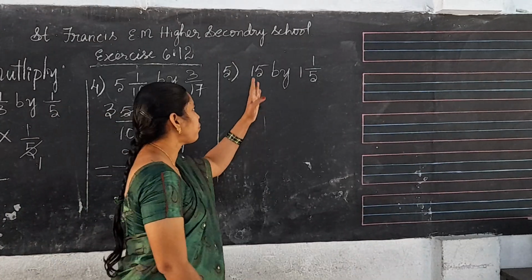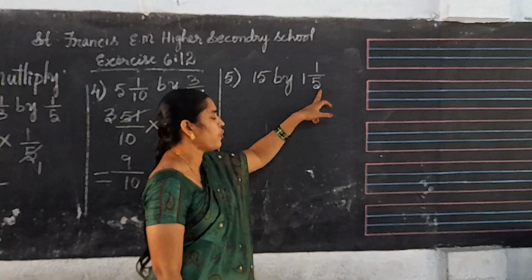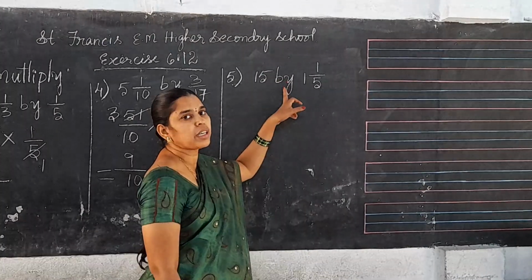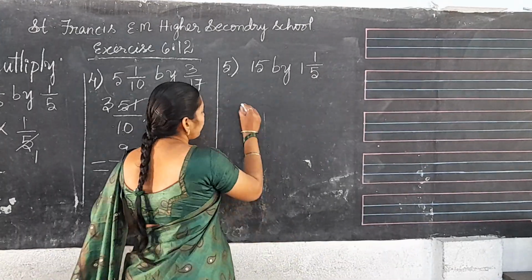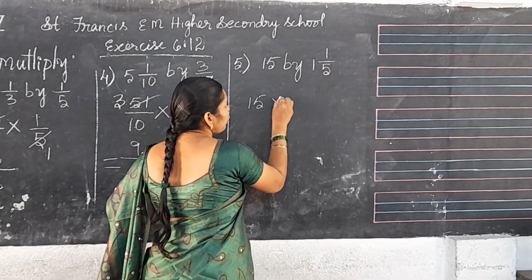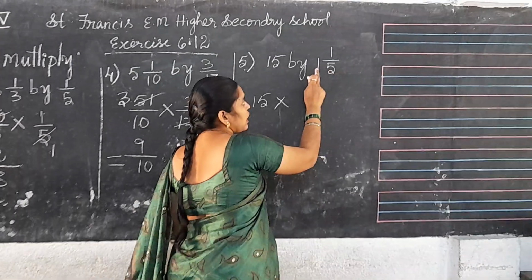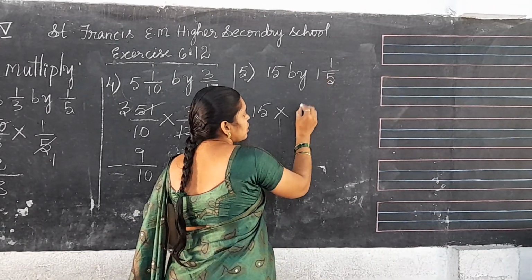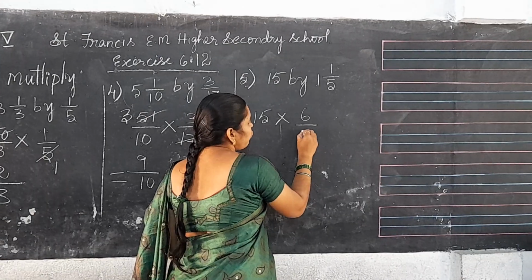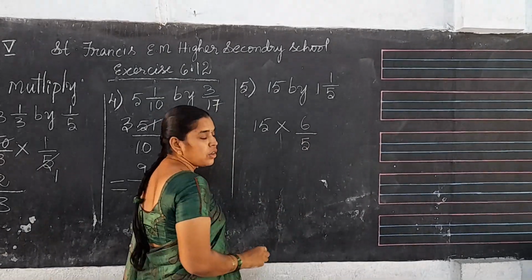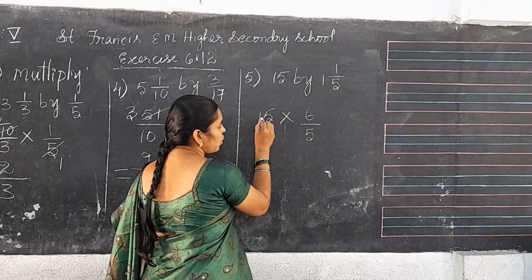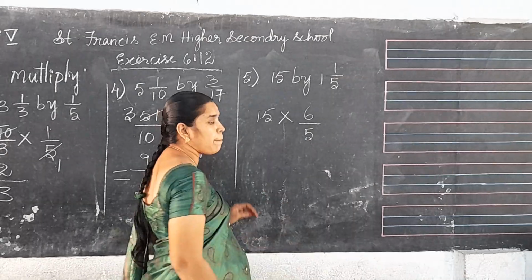Now another one. 15 by 1 1 by 5. This is a whole number. We are multiplying by a fraction. So 15. This is a mixed fraction. You should convert it into an improper fraction. 5 1s are 5 plus 1, 6 by 5. Right? Now this whole number and this denominator, compare.